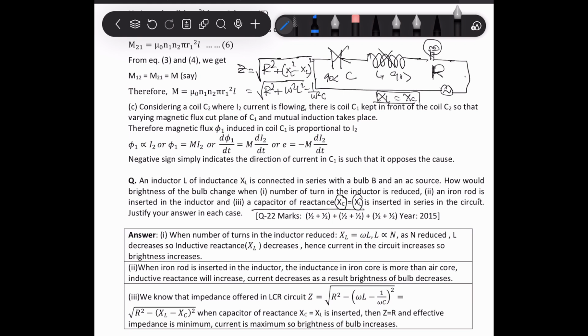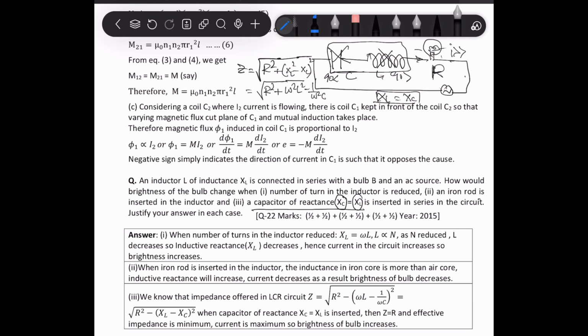The total resistance offered by the combination of L and C will become 0. If resistance offered is 0, what will happen? Current will increase. If current increases, then the bulb will glow brighter, correct?